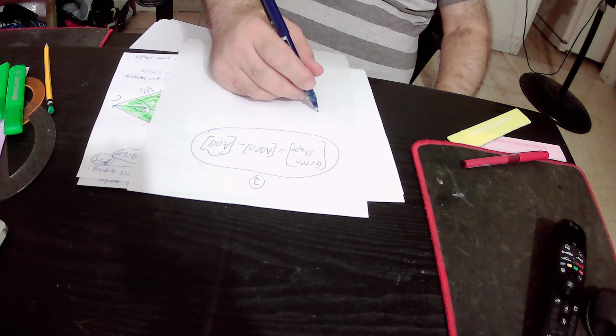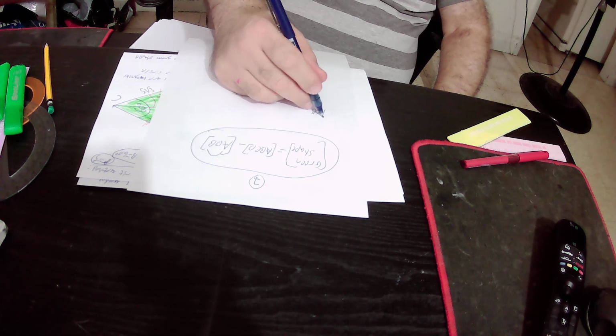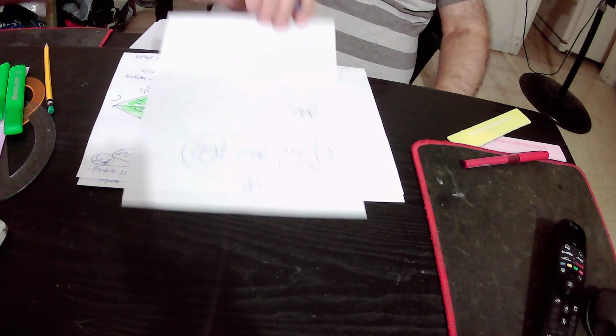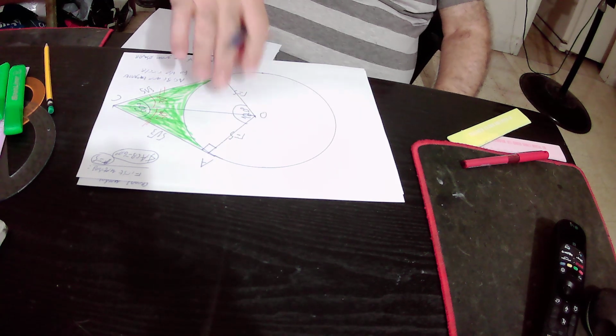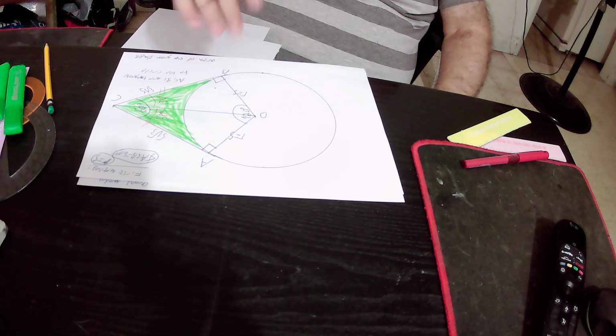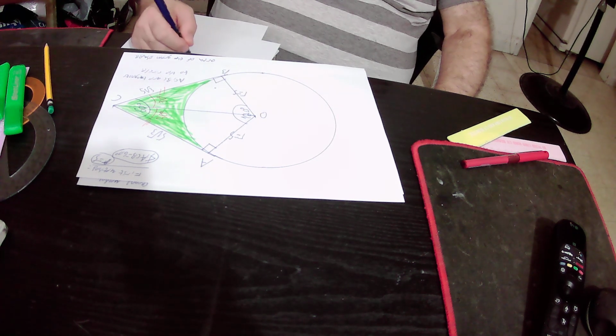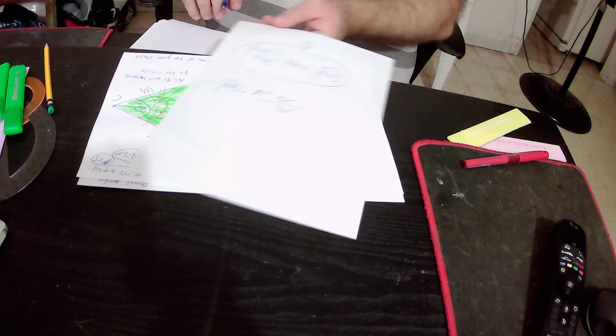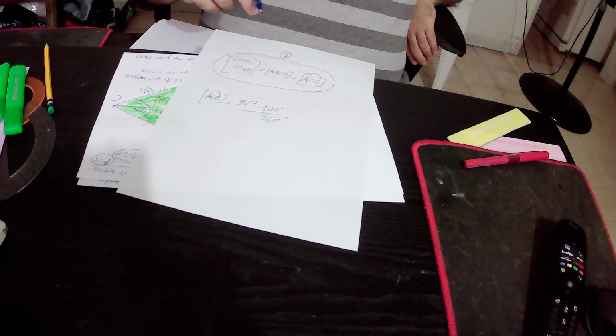The area of sector AOB equals the area of this shape, sector AOB, equals pi r squared times 120 degrees over 360 degrees.